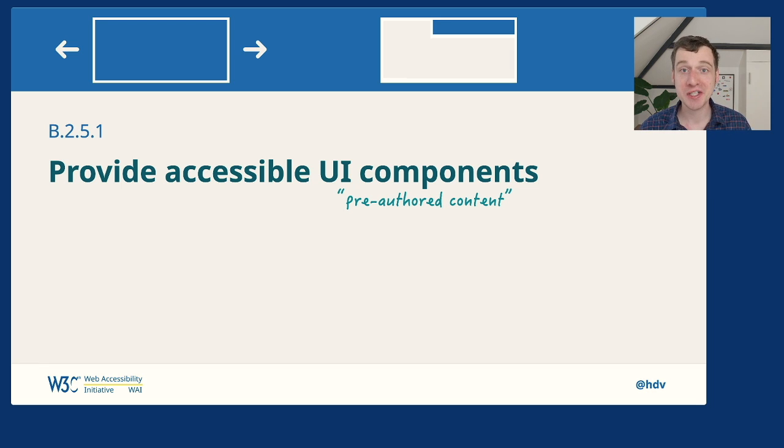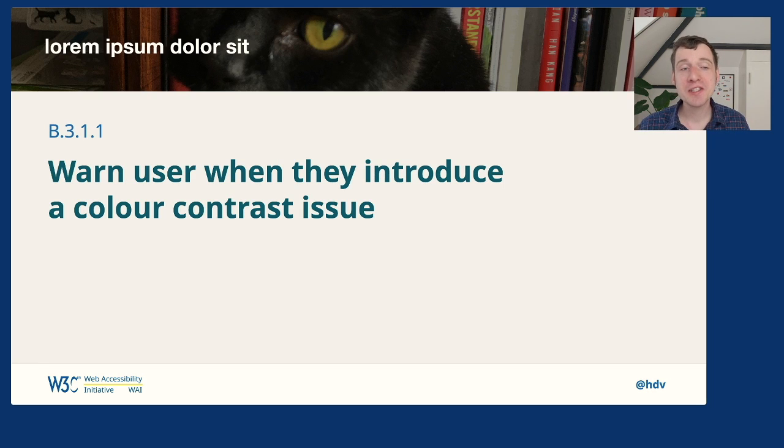Now here's some interpretation of B311, which is, why not warn users when they introduce a color contrast issue? Say you work at an agency and a designer has produced this beautiful header with a dark photo of a black cat with white text on top of it. It has perfect contrast and it's been checked according to the accessibility guidelines. This is good, it passes all the tests.